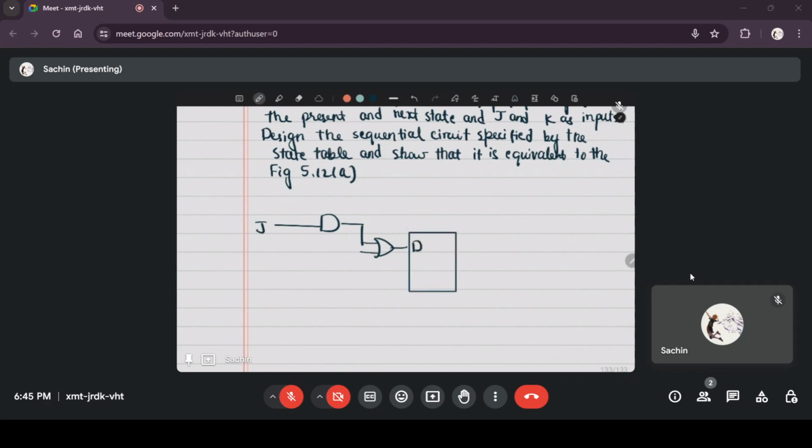It's a D flip flop converted to a JK flip flop.